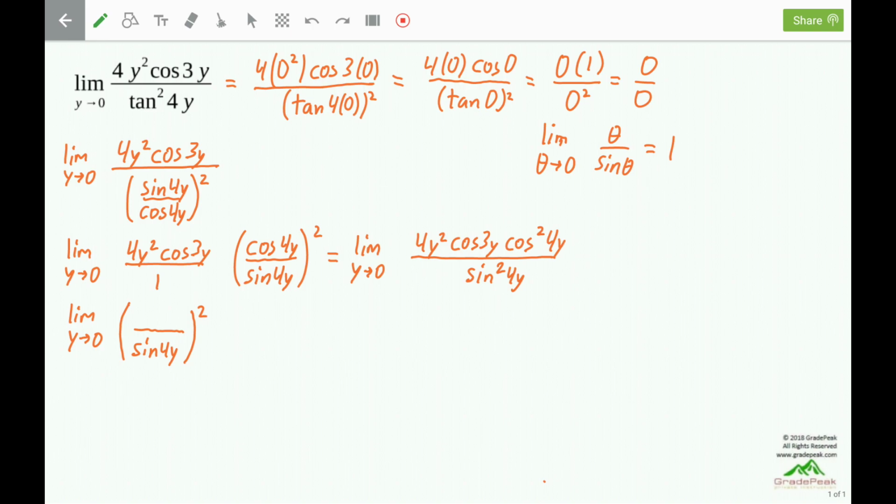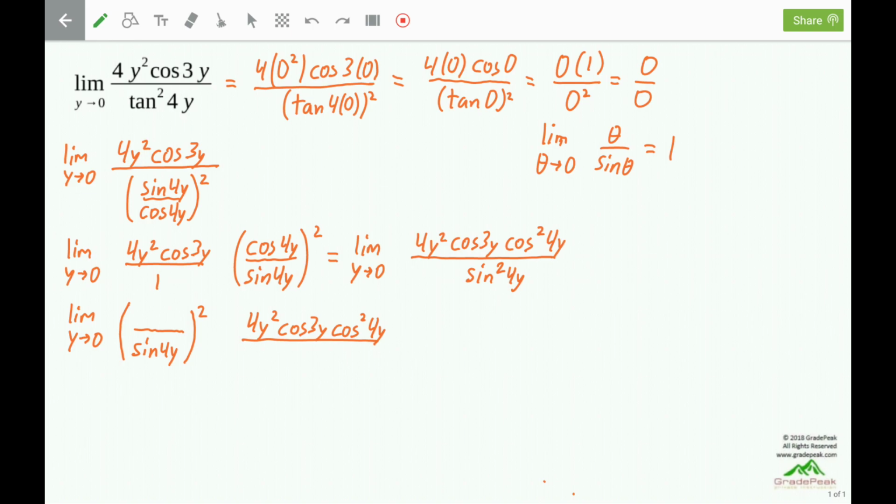That just helps with figuring out the phase matching and the compensating for the phase matching method to be able to generate the identity. All remaining terms can go into their own fraction. That will include the 4y squared, the cosine of 3y, and the cosine squared of 4y. We just need to isolate the sines. These are all in the numerator.